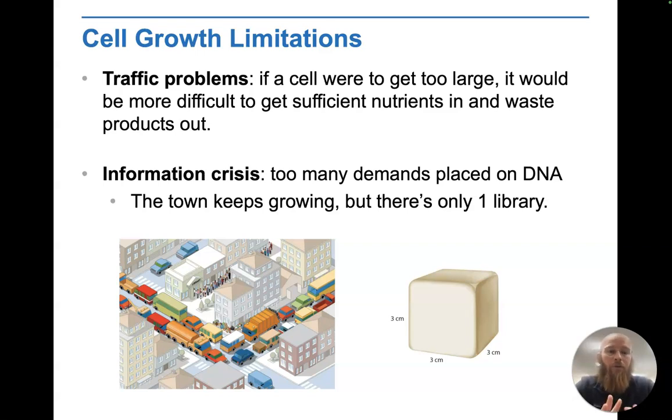Now, we want to limit cell growth because at some point, just like within a city, if you don't increase the size of the city, but you keep bringing more people into a city, you keep bringing more needs of people into a city, at some point you're going to hit traffic jams and traffic problems.